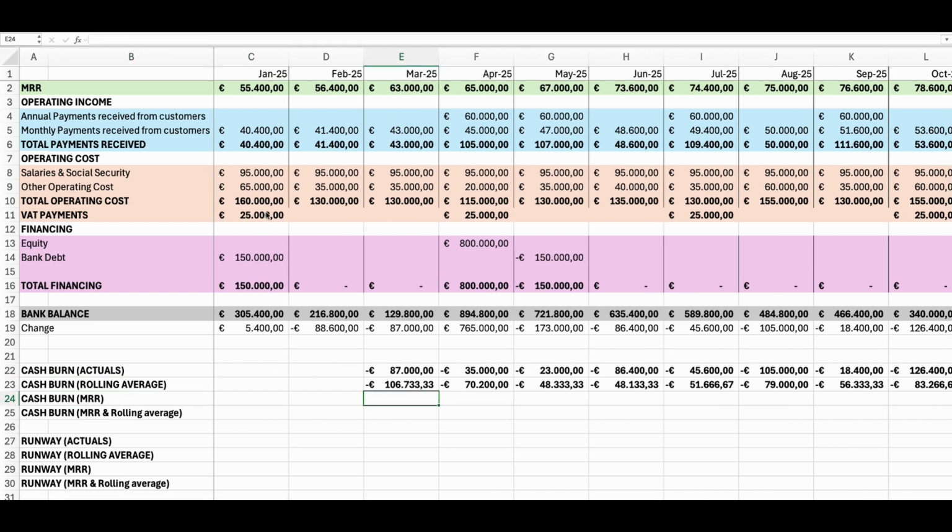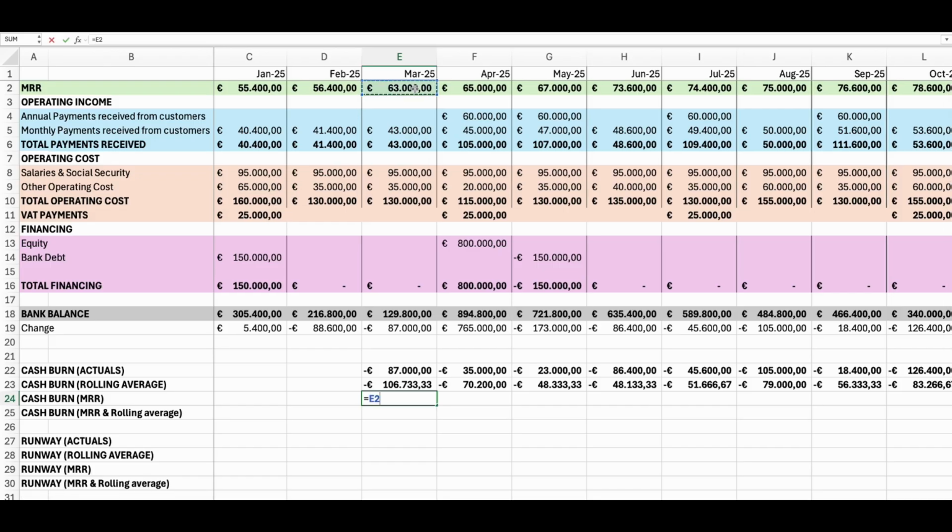Now, I also told you that instead of this operating income, so when we're looking at what's actually being paid into our bank account, what we can do alternatively is take a look at MRR. So I'm going to use MRR as my income number, and I'm going to subtract cost from it. And here I need to be careful because I don't want to subtract the VAT payments anymore, because the MRR number is net of VAT.